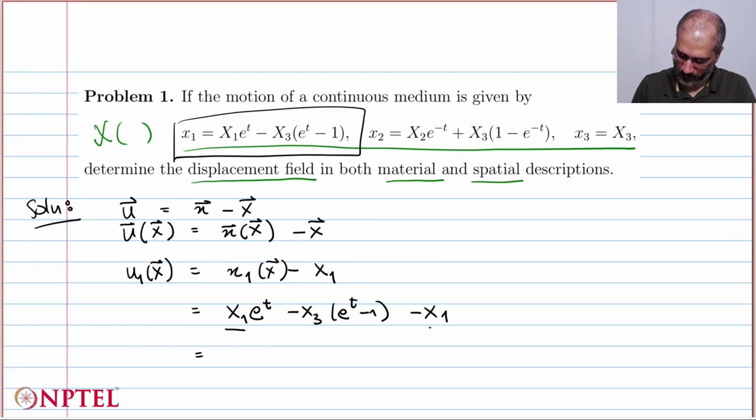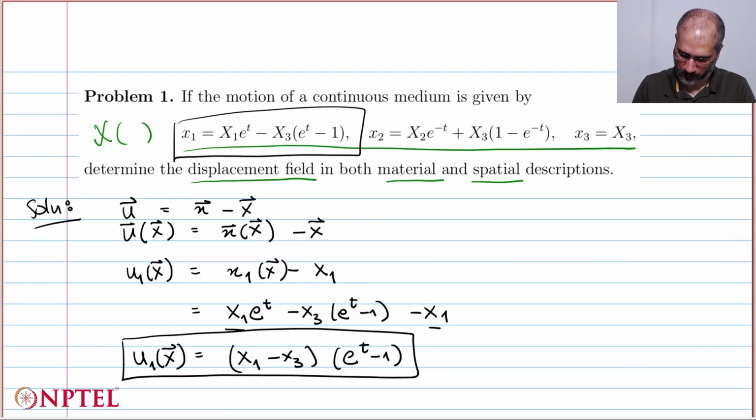So we can combine these terms. This becomes capital X1 minus capital X3 into e to the power t minus 1. So this is the expression for the first component of the displacement in the Lagrangian description.